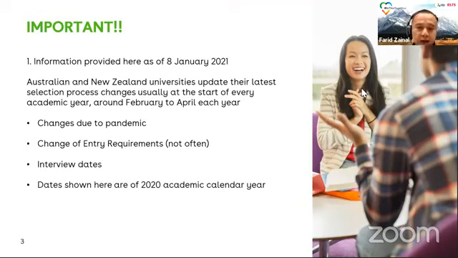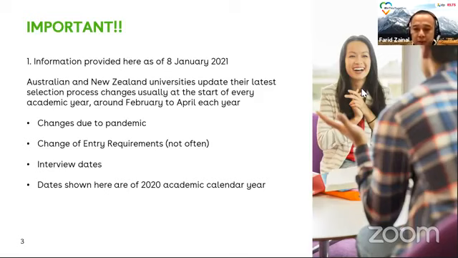Before I start the presentation proper, I would like to take the opportunity to share an important caveat. The information provided here is as of the 8th of January this year. Mainly the reason being that traditionally and historically, the universities will only update and confirm any changes made for the following year's intake selection process, and this is usually done somewhere within the first half of the year.